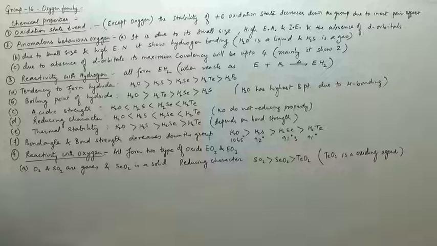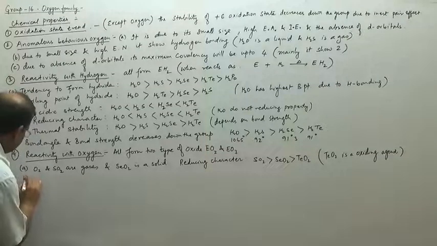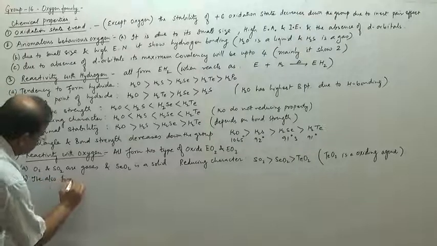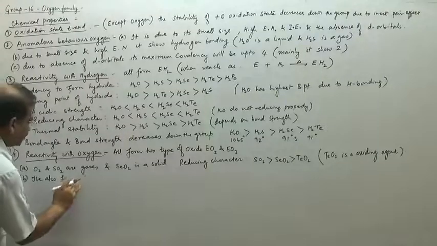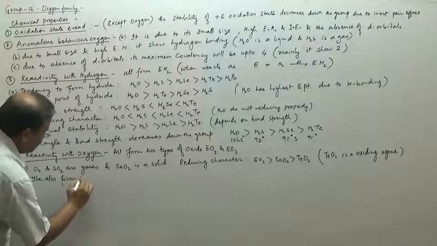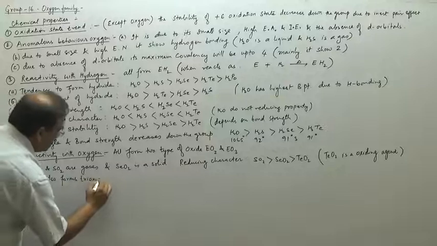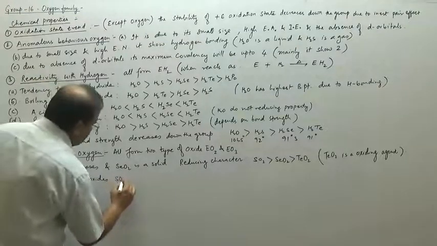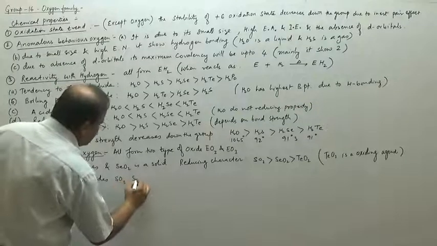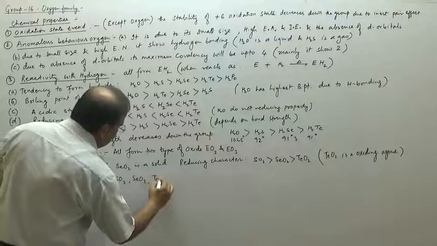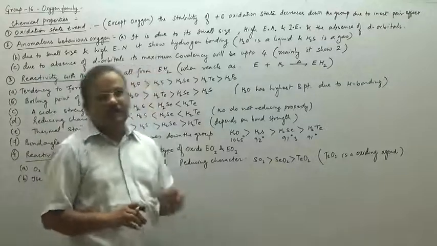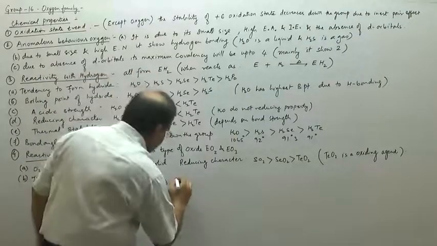But they also form trioxides, like SO3, SeO3, TeO3. Both the dioxides and the trioxides are acidic in nature.